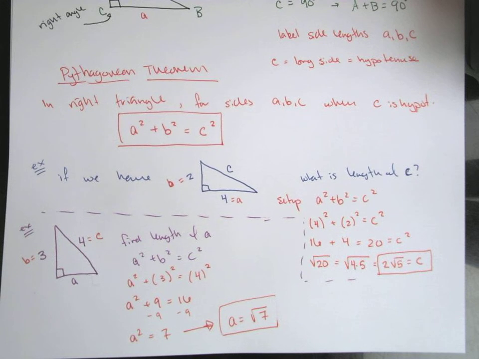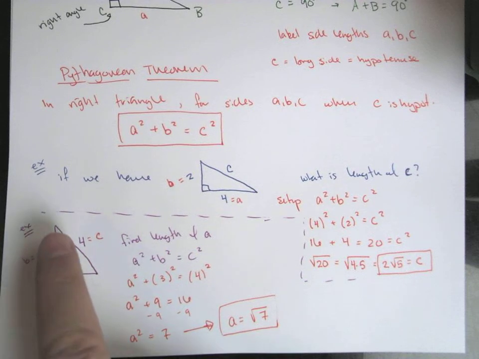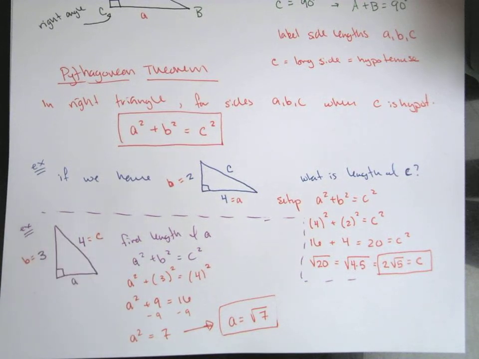Maybe this diagonal is something that you don't know as well. Or you could say you're trying to build stairs, and maybe you're trying to hit a particular type of slope, and you need to figure out how long the stair needs to be and how tall it needs to be. So the Pythagorean theorem is going to play a part in all of those different calculations.